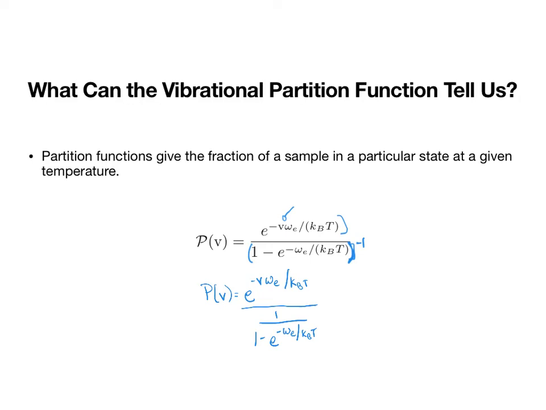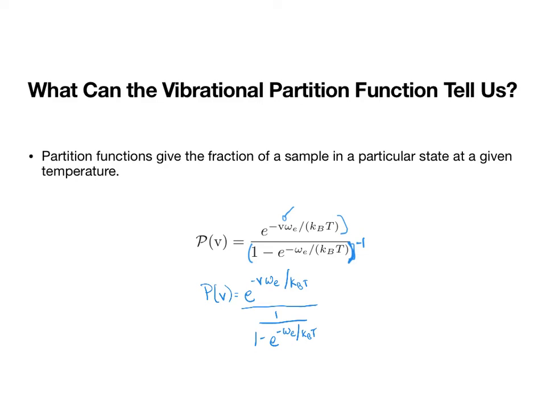So the vibrational partition function really tells us the fraction of the molecules in a given state. And in this case, we're thinking about that given vibrational level. So let's take a moment. What is this omega e? This omega e is the fundamental vibrational frequency of a mode. This is really what you were looking at in infrared spectroscopy.